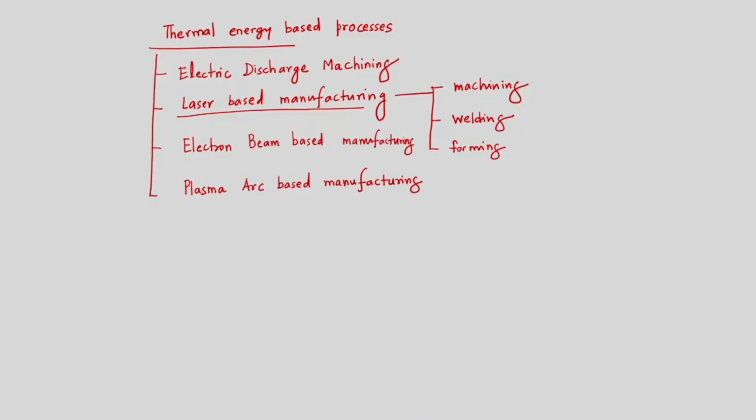So, at a very small focal size on the workpiece or a part, we can have a very high power density generation, and due to that we can ablate or carry out the intended operation. It may be just melting operation or vaporization operation. So, laser based manufacturing is finding prominent application in the industry due to the generation of very high power density.